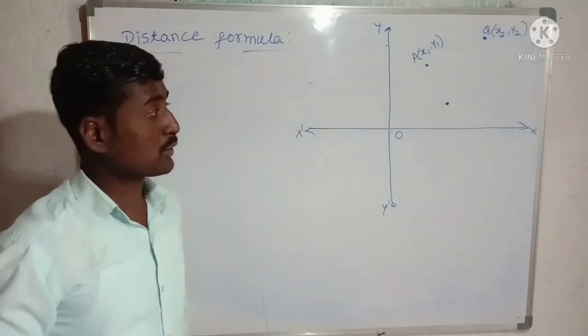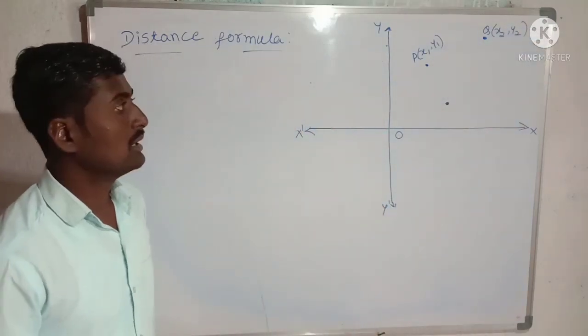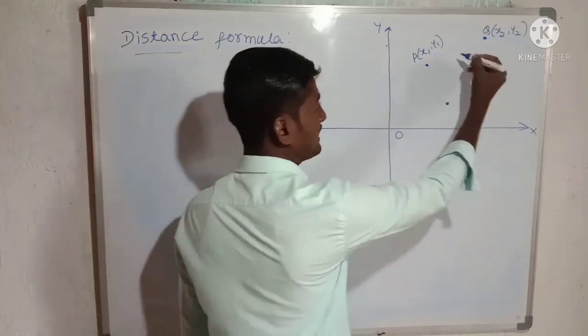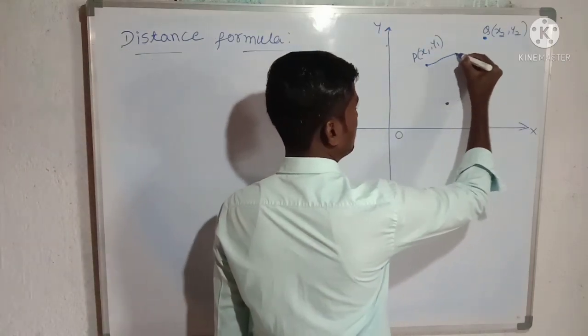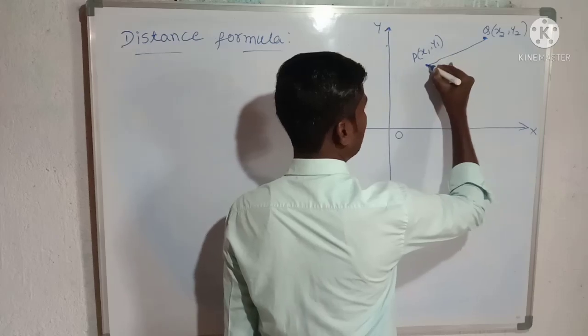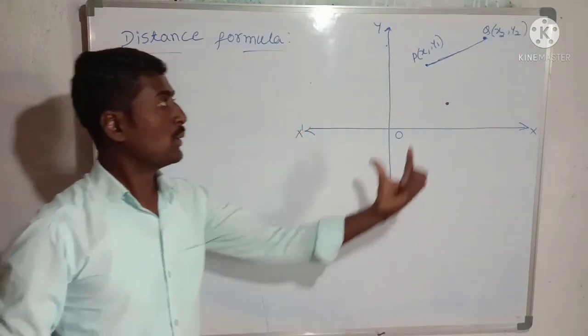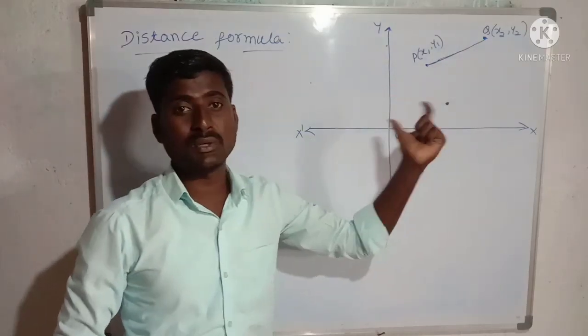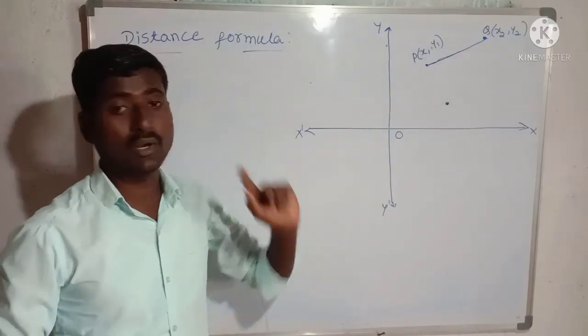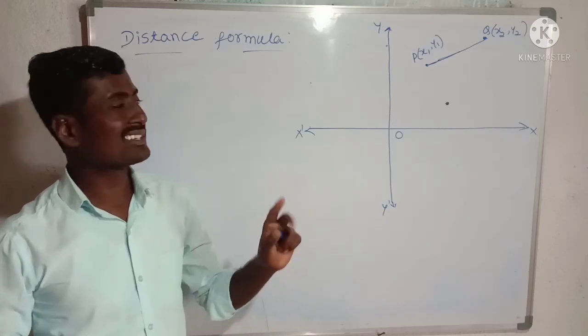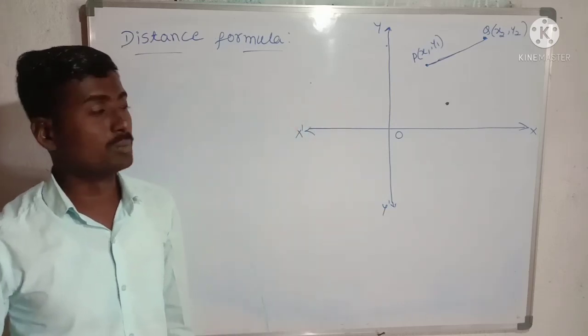Let us join these 2 points. So PQ is the line segment we got. We are going to find the distance between these 2 points. That is PQ we have to find. So PQ is nothing but the distance between P and Q.